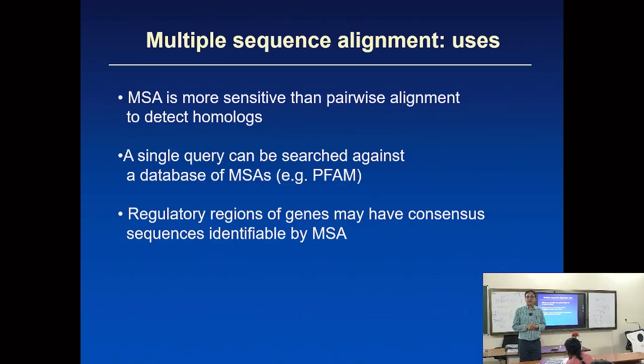And because of that, multiple sequence alignment becomes more sensitive in identifying members of a protein family or gene family. Clear? Because each family has some characteristics and they are coded in their sequences.